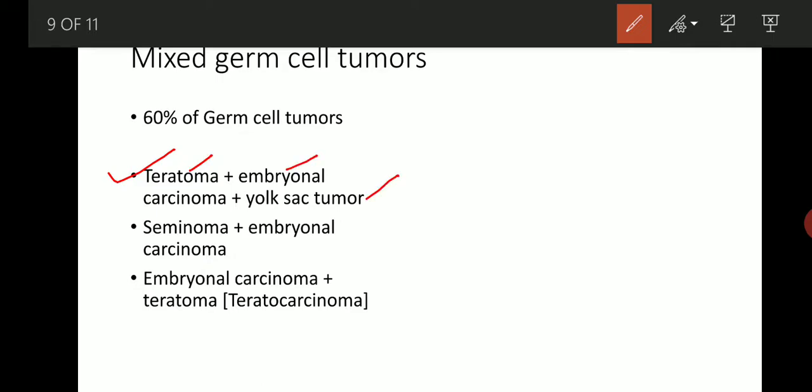So three different tumors existing in the same lesion. The second most common combination is seminoma with embryonal carcinoma. And the third common combination is embryonal carcinoma with a teratoma. The combination of embryonal carcinoma and teratoma is known as a teratocarcinoma.